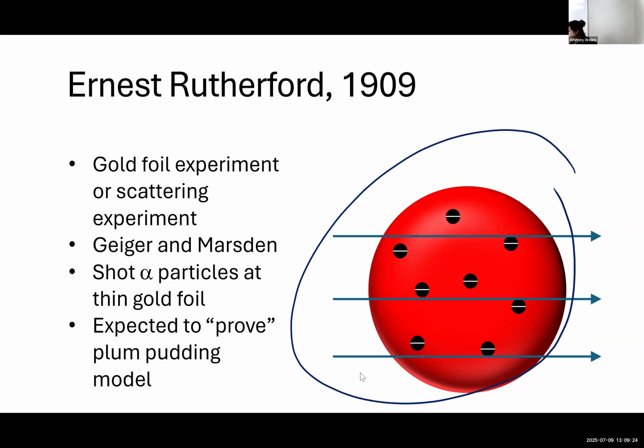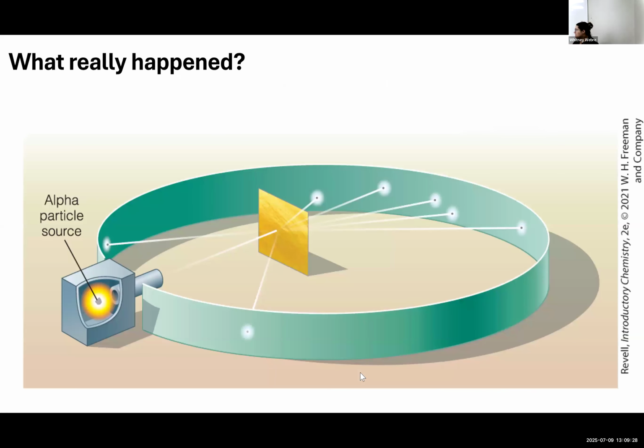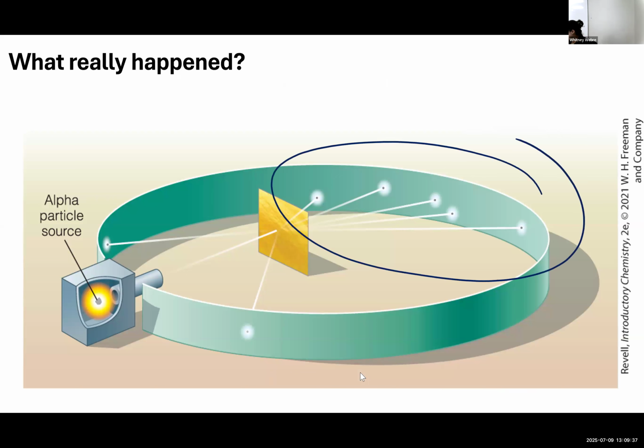They thought, okay, mostly space, so it should pass right through. But what happened? Here's the setup. They have this machine that throws alpha particles, and over here is what the expectation was: it should go straight through. Every alpha particle should be hitting the zinc sulfide screen in the back that is collecting what's being hit or going through it.